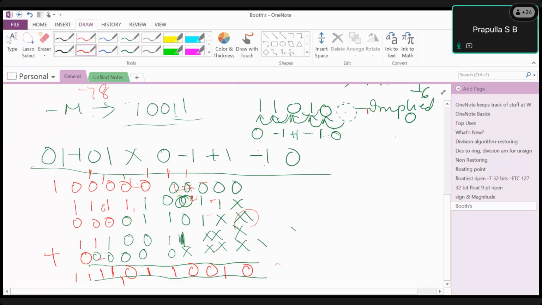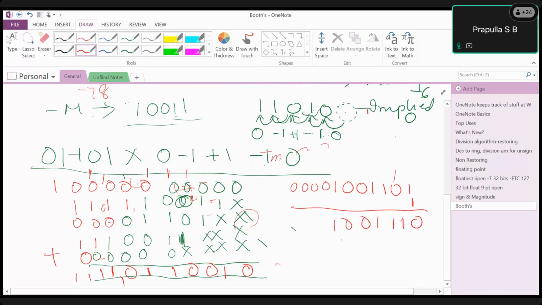When I convert this to 2's complement, you get 0 0 0 0, then 1 0 0 1 1 0 1, and to this add 1. So when I add 1, 1 plus 1 is 0, carry 1, and so on.